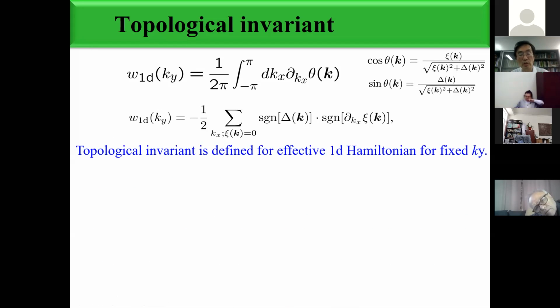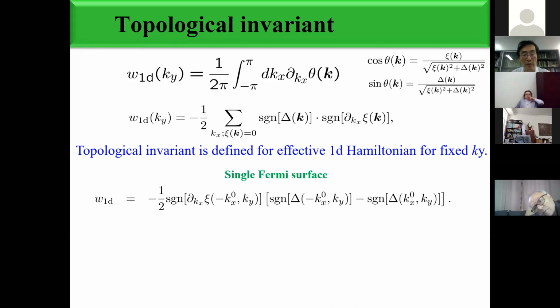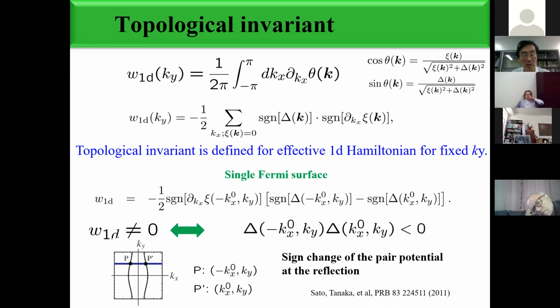So it's a topological invariant defined for an effective one-dimensional Hamiltonian for fixed ky. Let's look at the single Fermi surface case. In that case, the Fermi surface is like that, and this equation can be transformed like that.